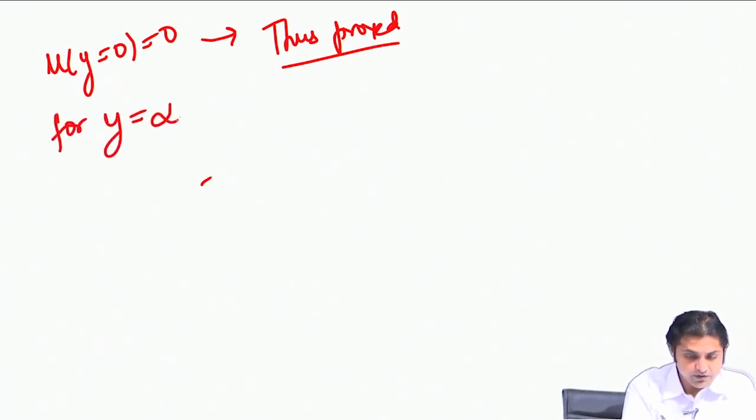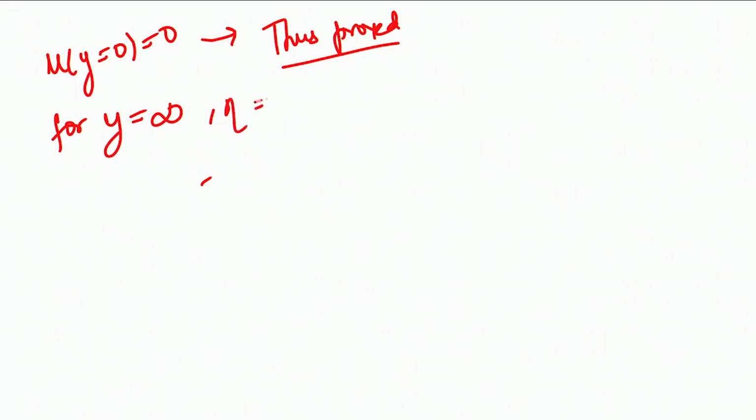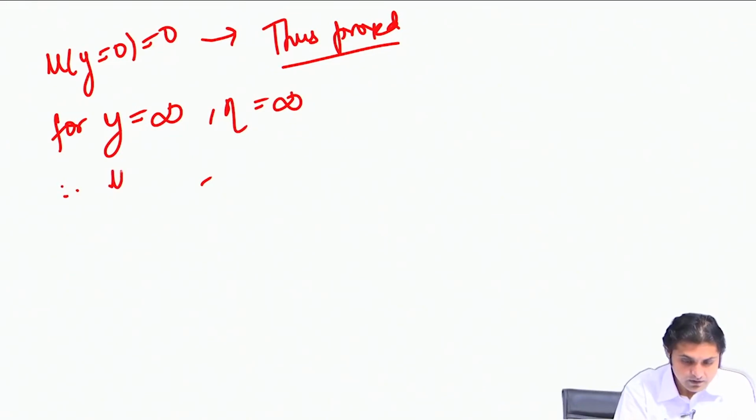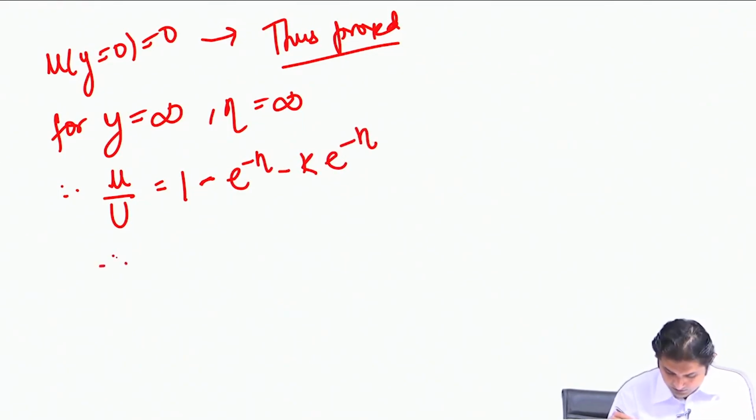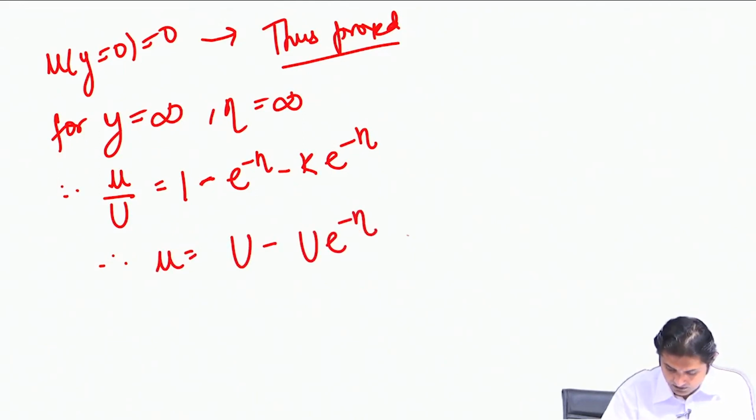For y equal to infinity, eta is equal to infinity. Therefore, u by capital U is equal to 1 minus k e to the power minus eta. Therefore, u is equal to capital U minus capital U k e to the power minus eta.